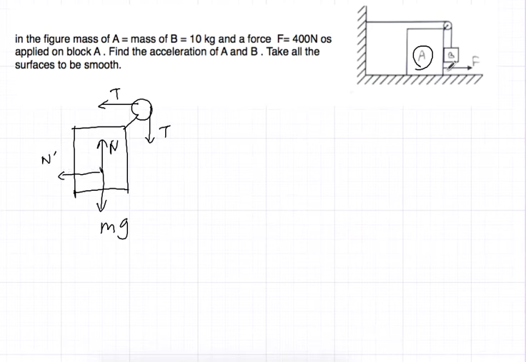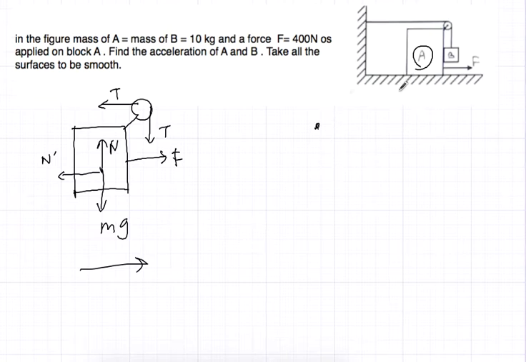What is N dash? The N dash is nothing but the reaction force of B on A. There is no friction. And sorry, I forgot one thing, that F is there. So the free body diagram is this.